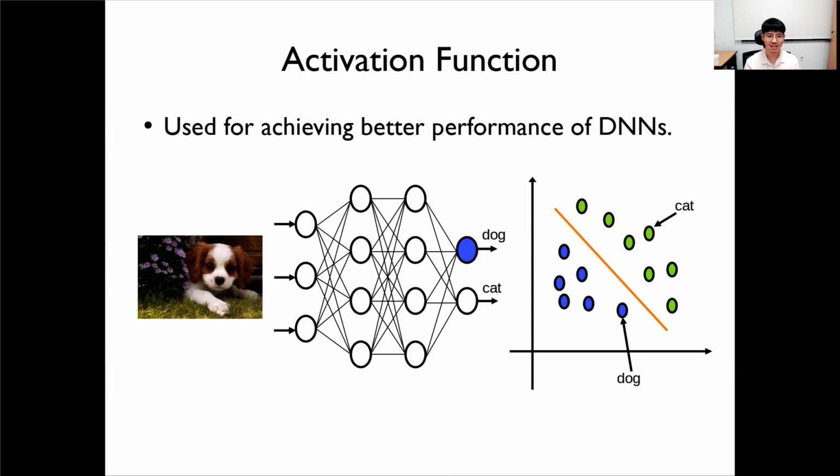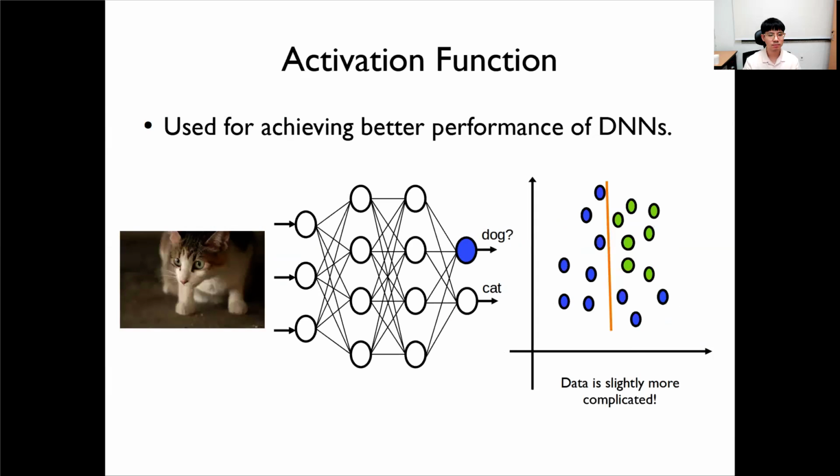So for this easy to learn data set, we don't actually need an activation function. But what if the image data set is more complicated? Then using a linear line is not so easy for classifying the data set.